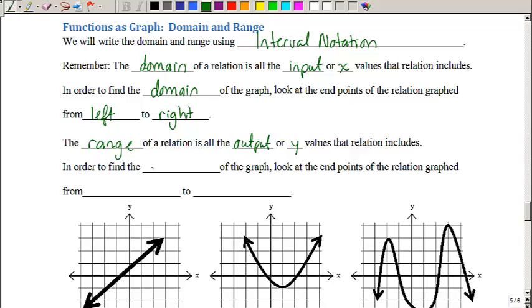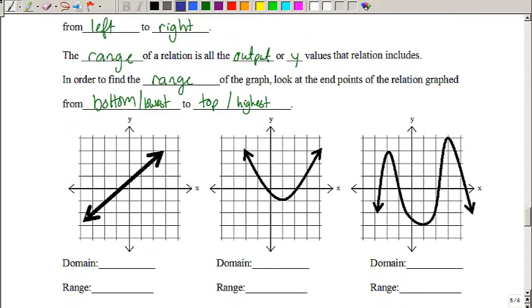In order to find the range of the graph, please look at the endpoints of the relation, but this time we're going to be looking from bottom, or lowest, to top, or highest, because the range is looking at my y value, so we're going to go bottom to top.